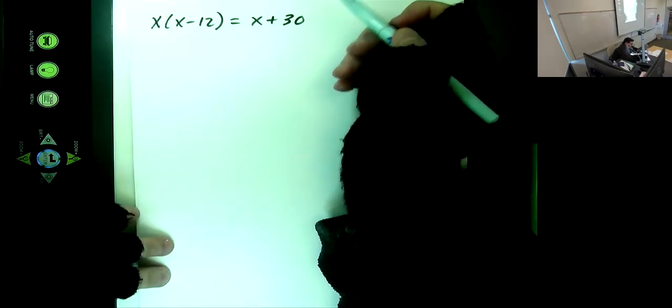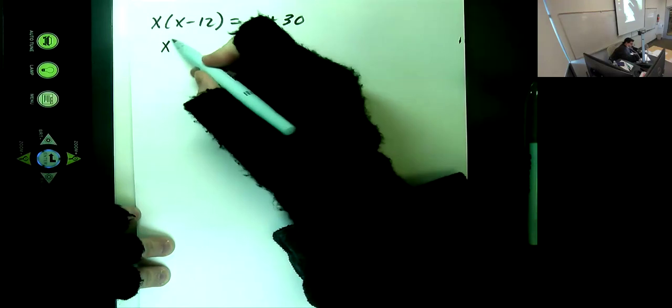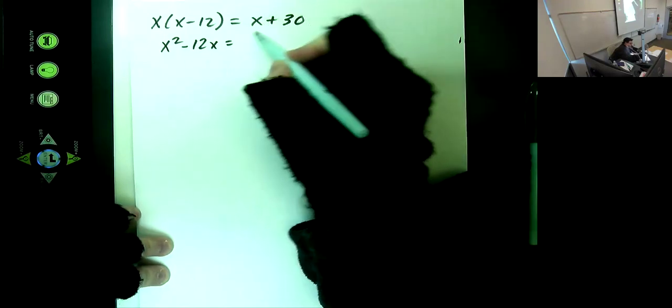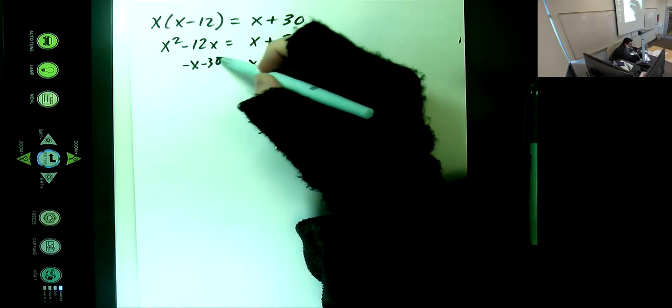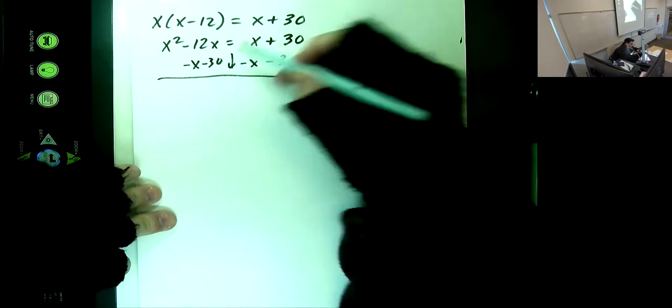So we kind of want to get everything together. If I distribute, I've got that. And then I'm going to subtract over. Since I have an x squared, I want everything on one side.